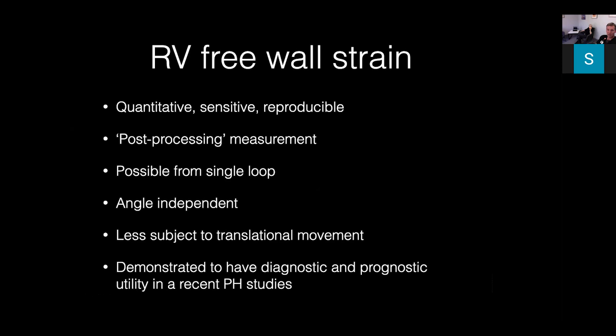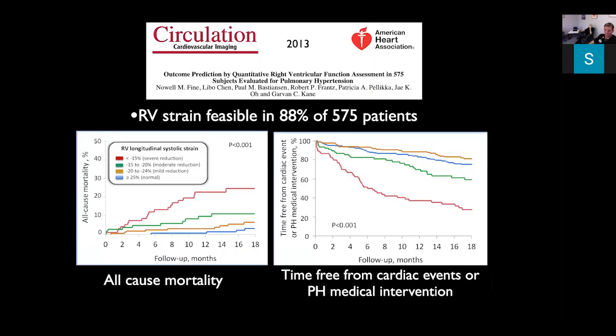And we know that it's really good in pulmonary hypertension. We've got big studies like this one, from almost 600 people, done by the guys at the Mayo Clinic, some of the best in the game. These guys have amazing images. Paul Bastiansen is the main echo guy at the Mayo, an amazing imager.